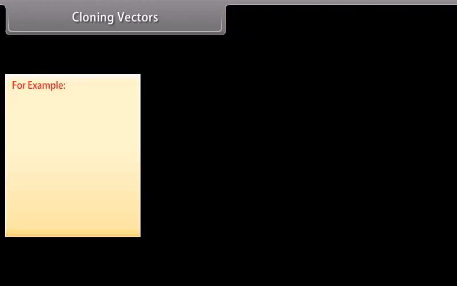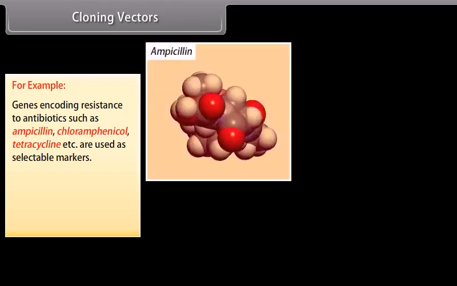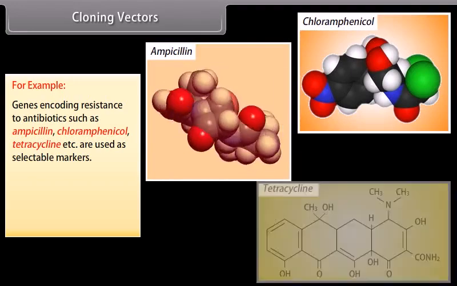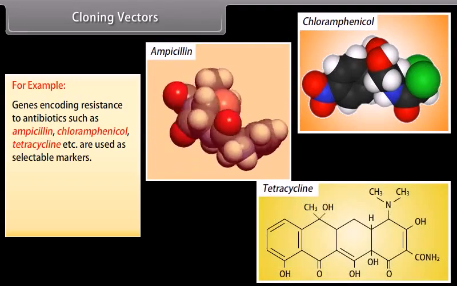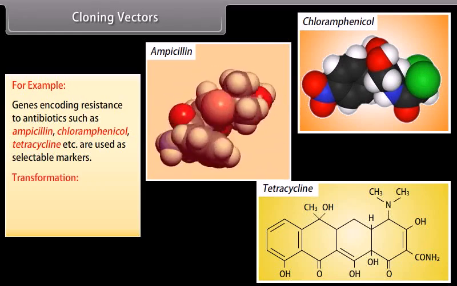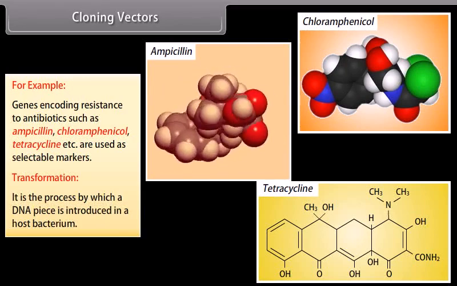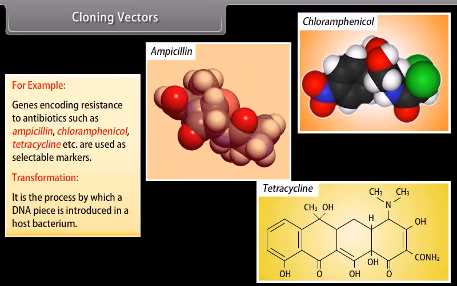For example, genes encoding resistance to antibiotics such as ampicillin, chloramphenicol, tetracycline, etc. are used as selectable markers. Transformation. It is a process by which a DNA piece is introduced into a host bacterium.